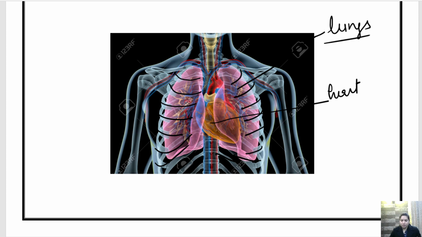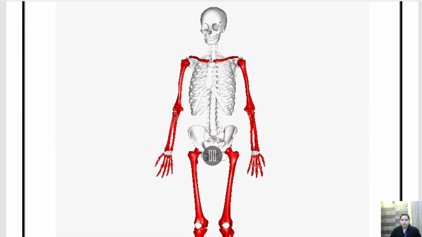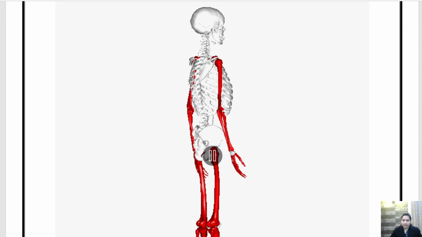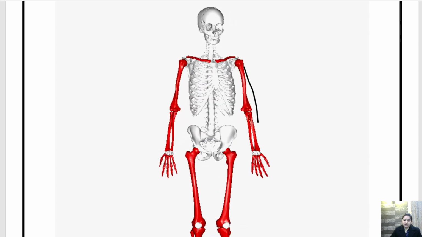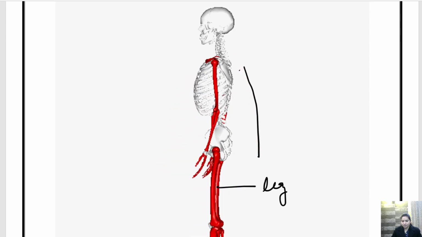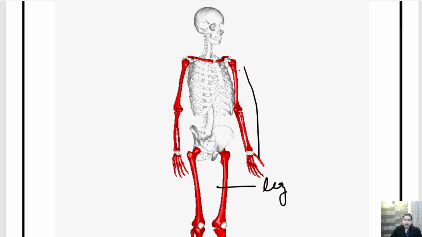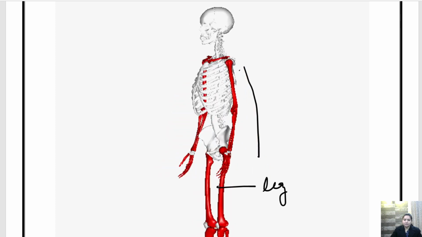So it is very important to understand. So let's come to the limb region. So if we are talking about the limb region, we will talk about the bones that are present in the hand and the bones that are present in the leg region.